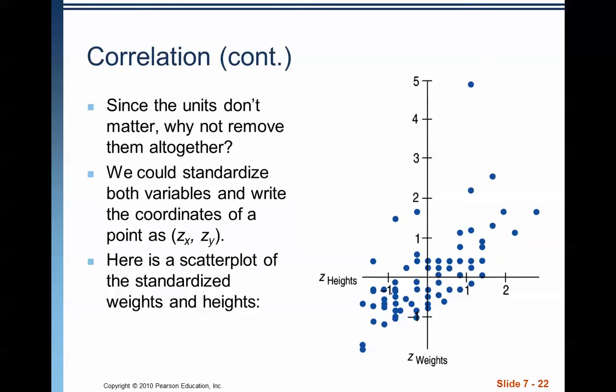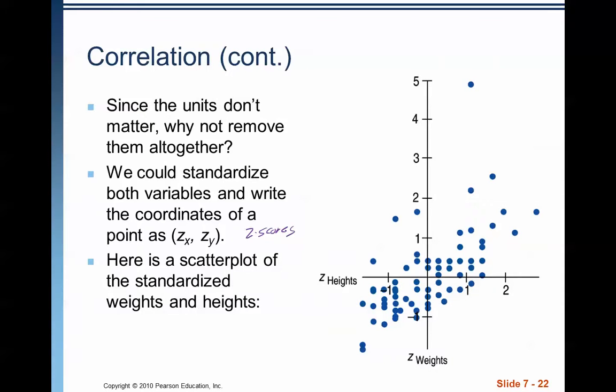And remember, the way we got rid of units was to calculate z-scores for everything. What you're looking at on the right here is the data that we just had, where we took all of the x values and converted them to z-scores, and we took all of the y values and converted them to z-scores. When you do that, notice that you still get a fairly similar looking graph.